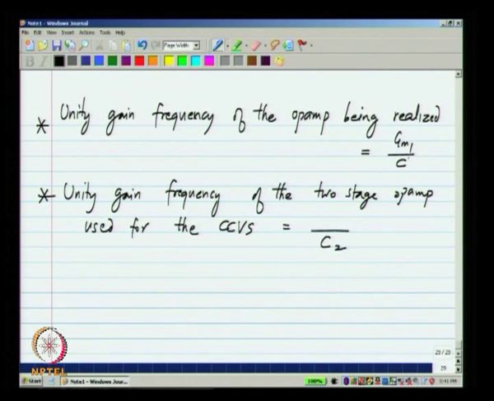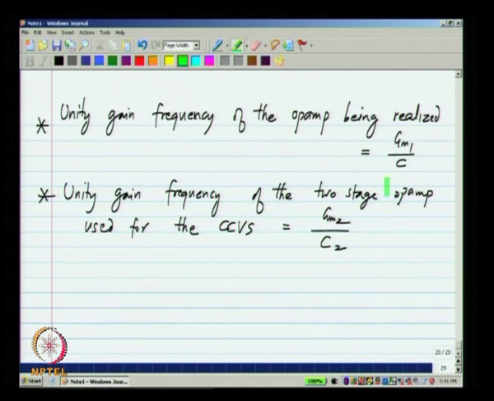This is GM1 by C and GM2 by C2. Now, clearly the current control voltage source has to function as a current control voltage source over a frequency range beyond GM1 by C. Okay. Only then we will get this integrating action, that is transfer function of GM1 by SC from the input to the output. So, this clearly means that GM2 by C2 has to be greater than GM1 by C.